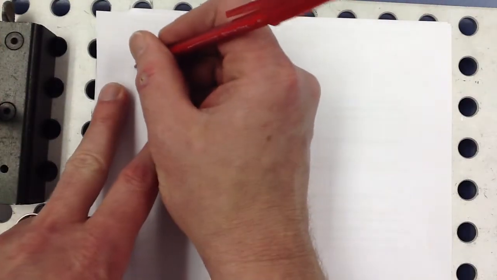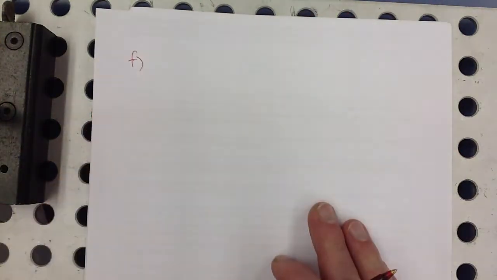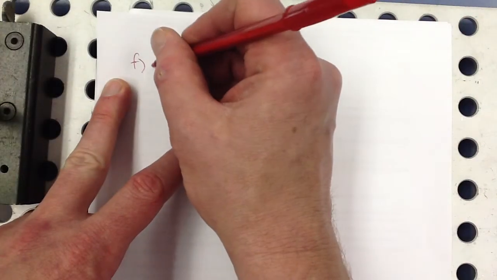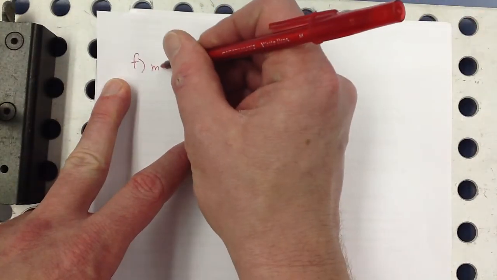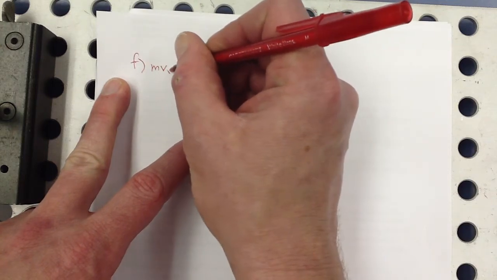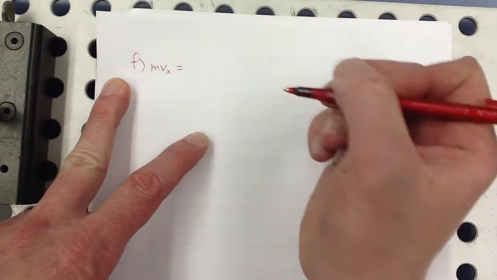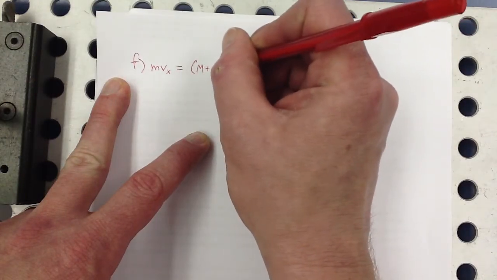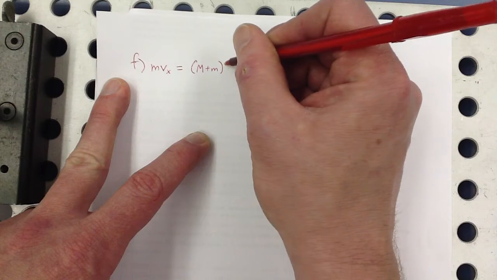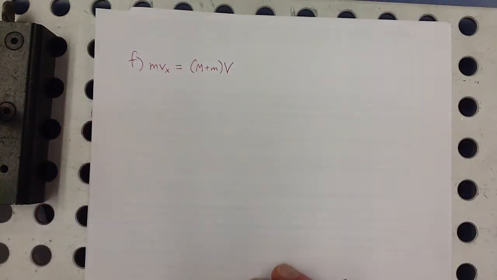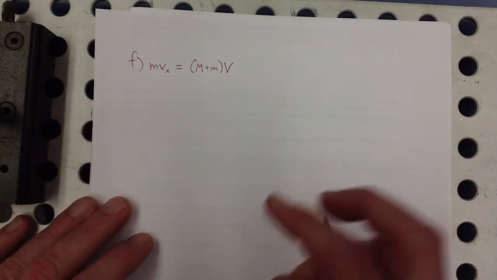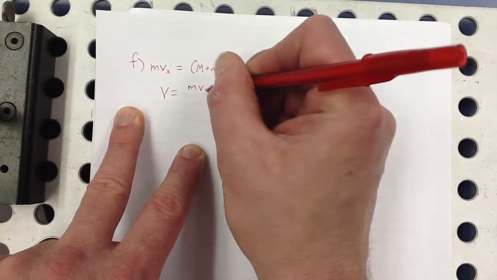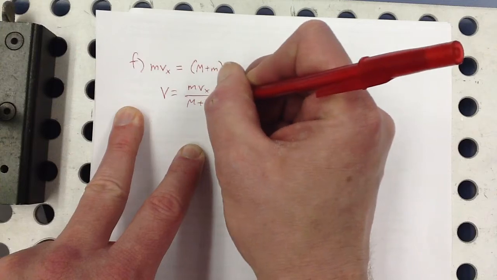So let's see, part F. We have conservation of momentum. So the mass of the dart times its initial velocity is going to be equal to the two masses together plus that velocity there immediately after the collision. Right? And solving that for v, we get m Vx over m plus M.